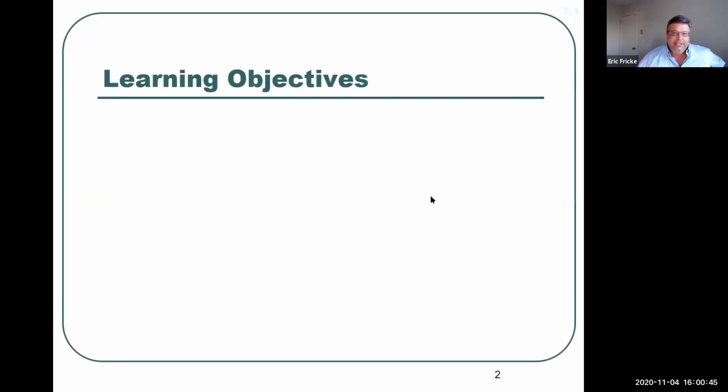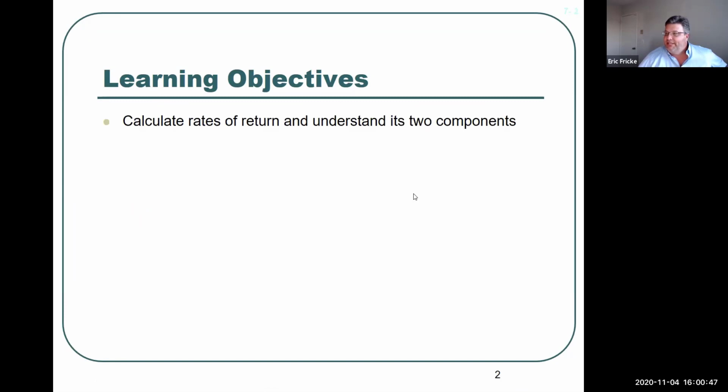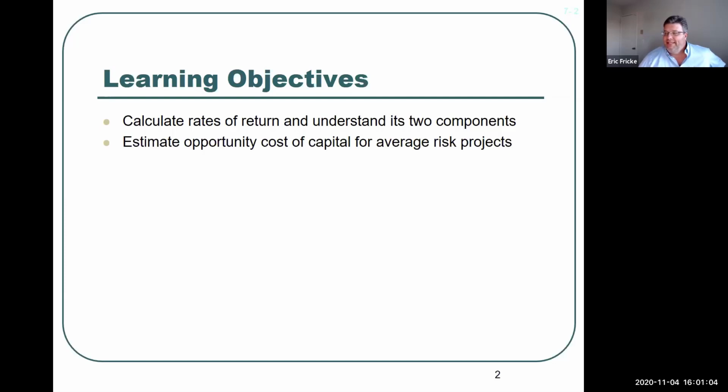So here are some of the learning objectives we got for this chapter. We're going to calculate the rates of return for an investment and its two components. We've already done that, so that shouldn't be too big a deal. We're going to estimate the opportunity cost of capital for average risk projects.